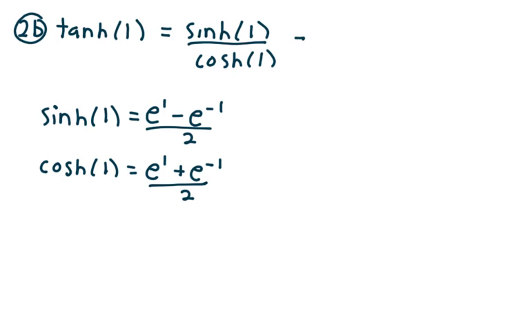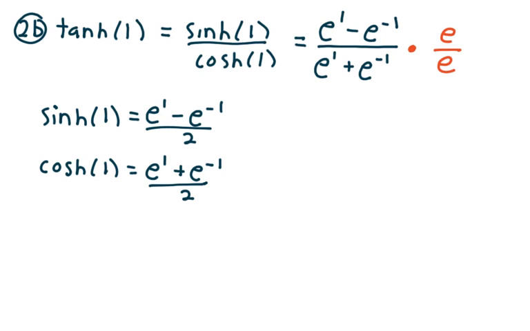And so this is e to the first minus e to the negative 1 divided by cosh of 1. Now, notice how the 2's are going to cancel. And so what you'll end up dividing by is e to the first plus e to the negative 1. And then what I'm going to do is multiply the numerator and denominator by e.